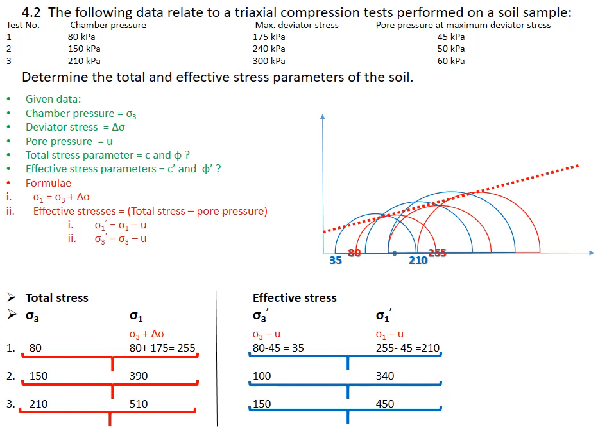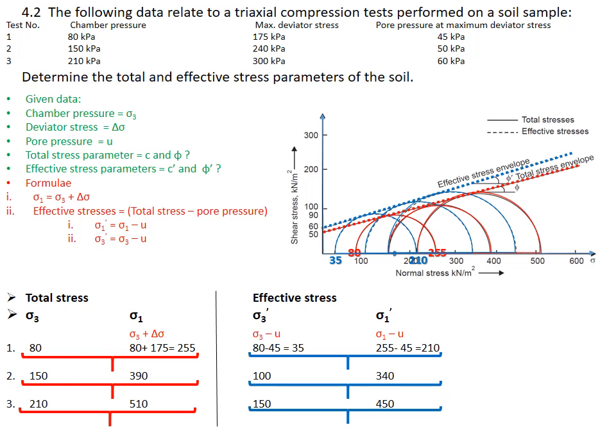Again, to draw the failure envelope, you need to draw a line touching all 3 and cutting the y-axis. So now we have 2 failure envelopes, one for total stress and one for effective stress. With this you can find c, c dash and phi, phi dash.